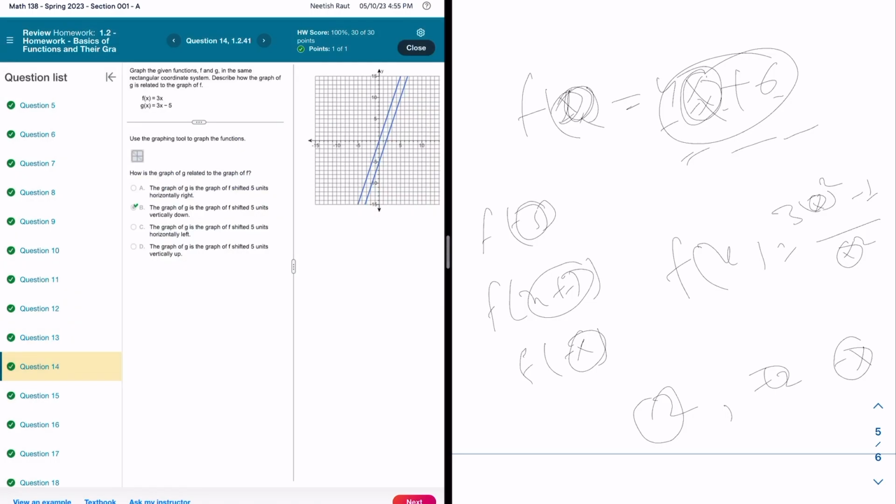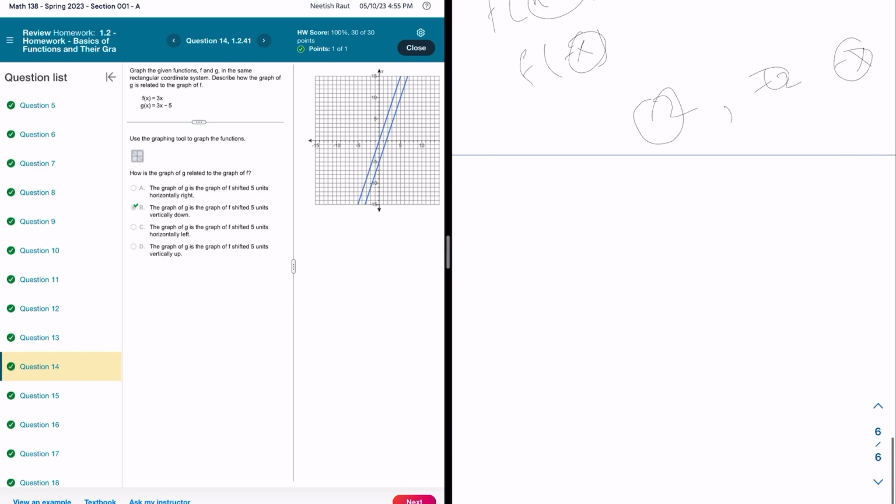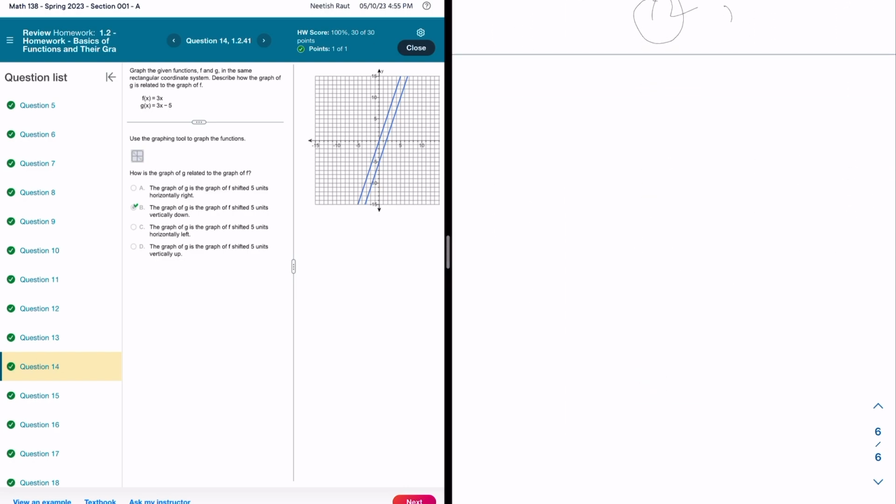Question 14 is: graph the given functions f and g in the same rectangular coordinate system. Describe how the graph of g is related to the graph of f. So first we need to graph 3x. We have f as 3x.